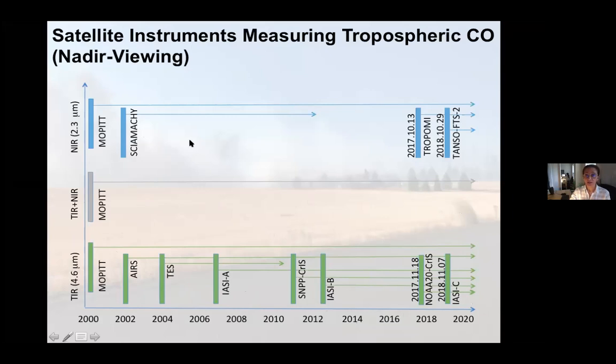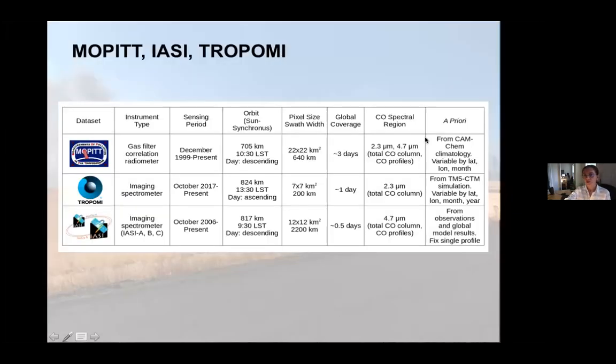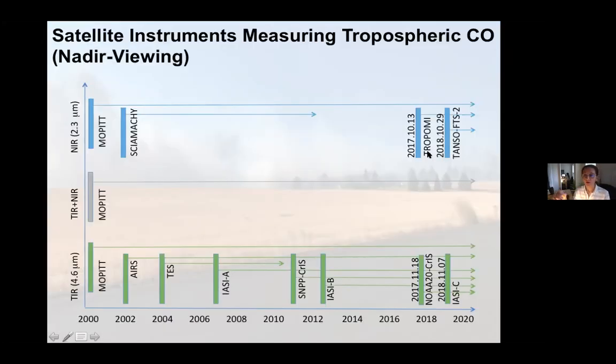We have SCIAMACHY that stopped operating a few years ago, and then we have TROPOMI, and very recently this other instrument, TANSO-FTS2. So for a while, TROPOMI and MOPITT were the only instruments measuring in the near infrared, and that's why we had a special interest in analyzing these two with respect to each other. Now we also have TANSO-FTS2.